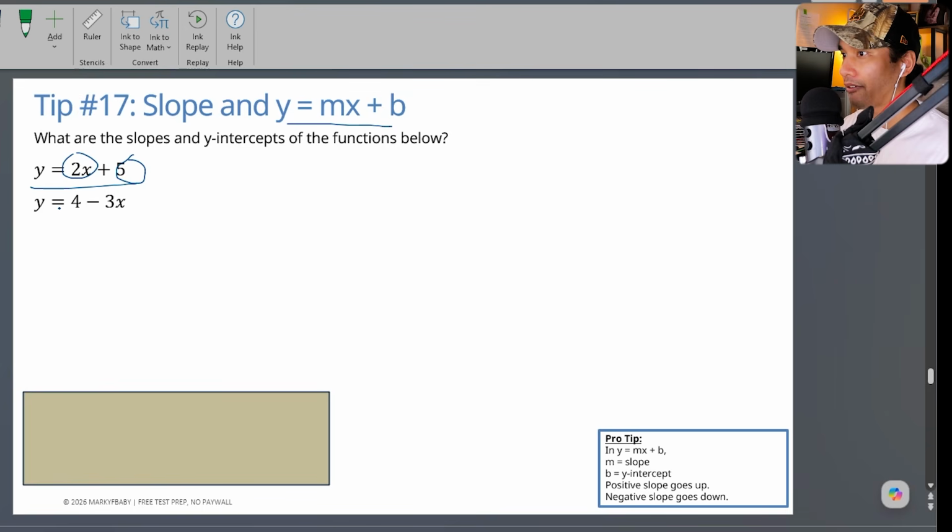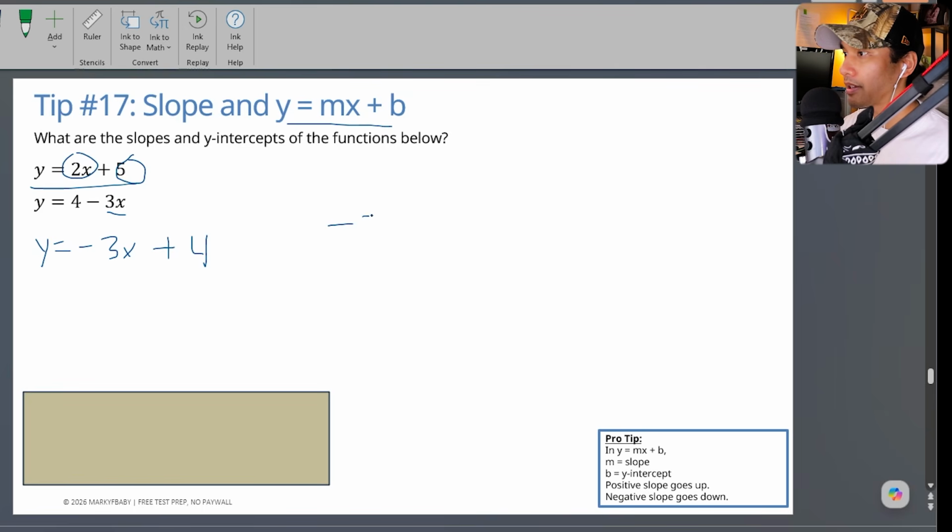And then we have y equals 4 minus 3x. Now, one may think that 4 equals m, but you are incorrect because the m is attached to the x. So this could also be rewritten as y equals minus 3x plus 4. Now we could identify the slope and y-intercept easily.